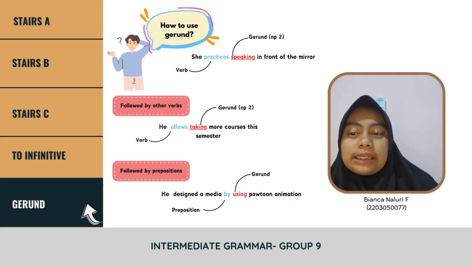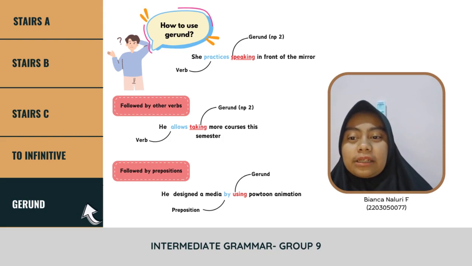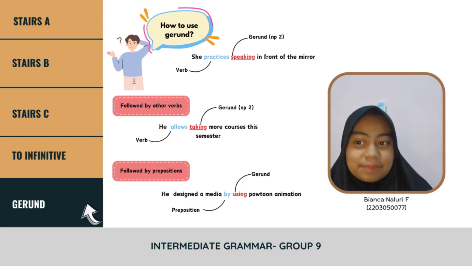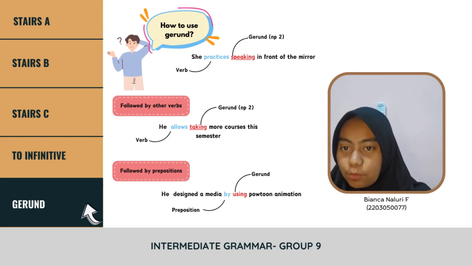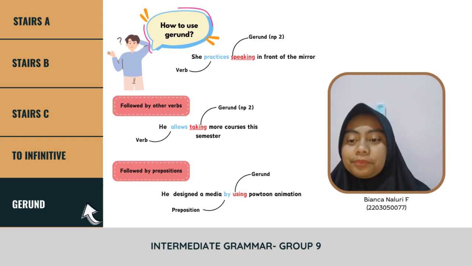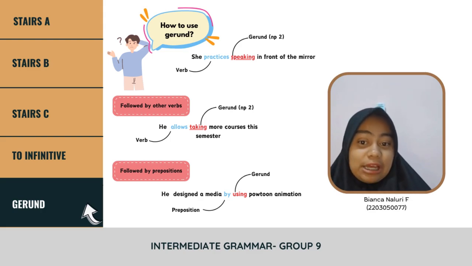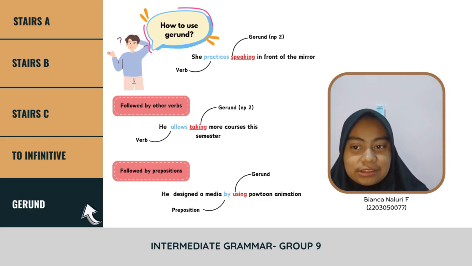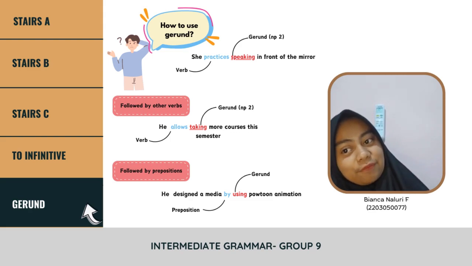Okay, let's take a look at another example, a gerund that is preceded by other verbs. Okay, he allows taking more courses this semester. As usual, he is noun phrase one, or what we are familiar with as the subject, and then allows here is the verb, and then the gerund follows the verb.